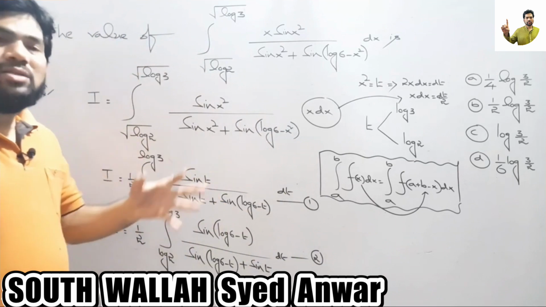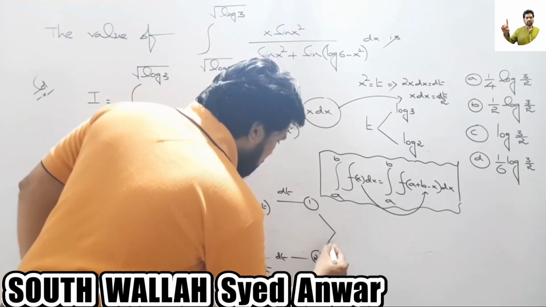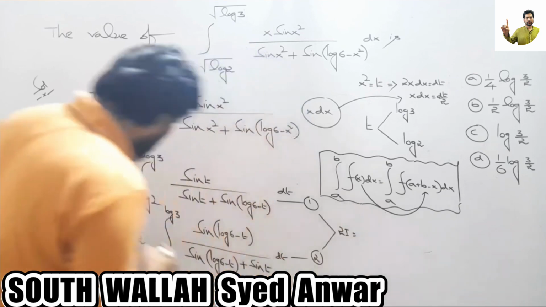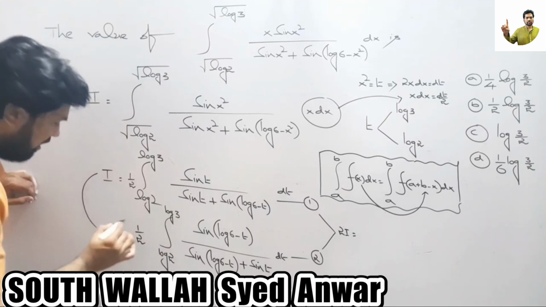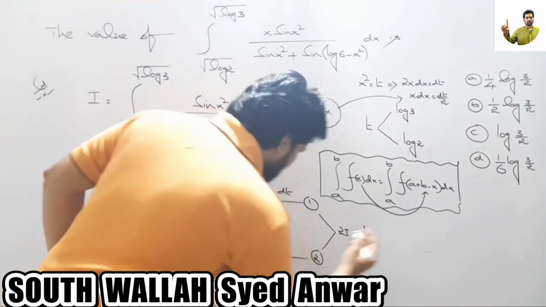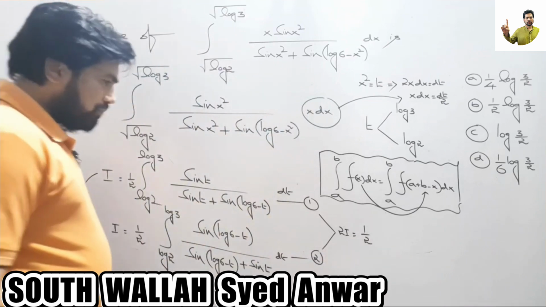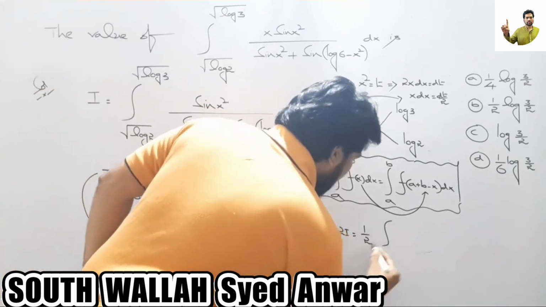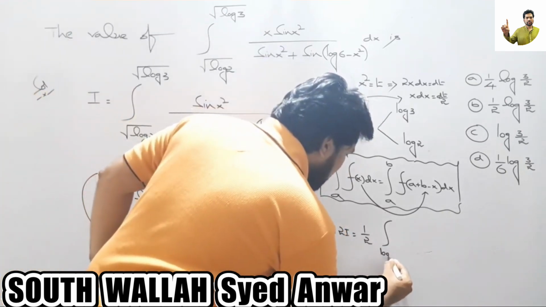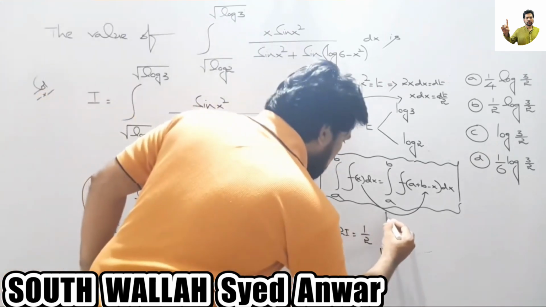Now, I am going to add both the equations. From here, on the left side, I plus I is equal to 2I. While adding, what is the common part? 1 by 2 is common in both. The integral and the limits are also common here. Lower limit is log 2, upper limit is log 3.